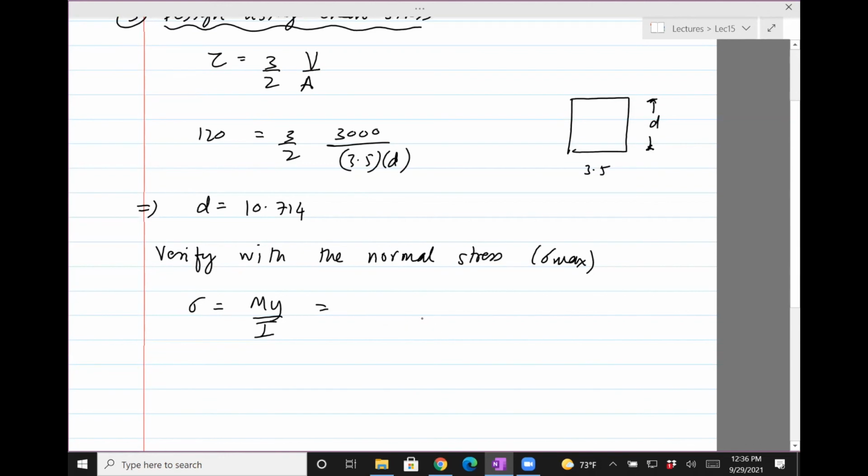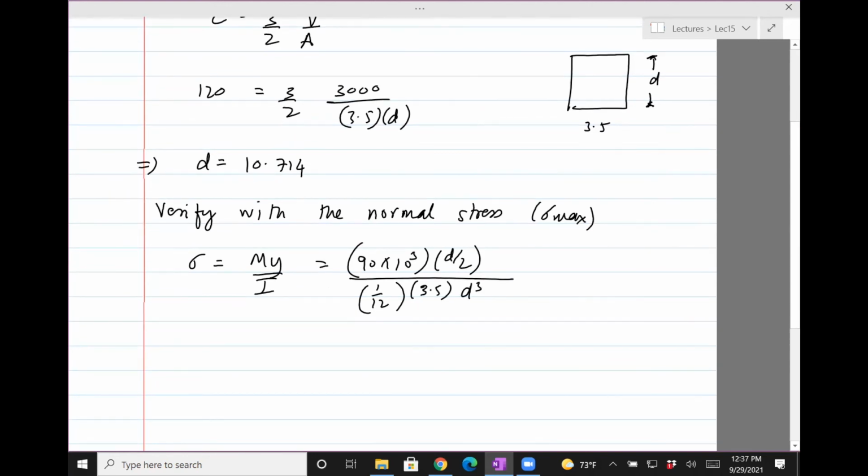I converted that to inch-pounds, so it's going to be 90 times 10 raised to 3, and then y is D divided by 2, and then I is 1/12 B D cubed. So B is 3.5, D cubed. But now D can be substituted as 10.714. So 10.714 divided by 2 and 1/12, 3.5.